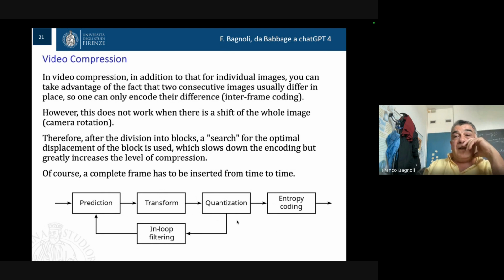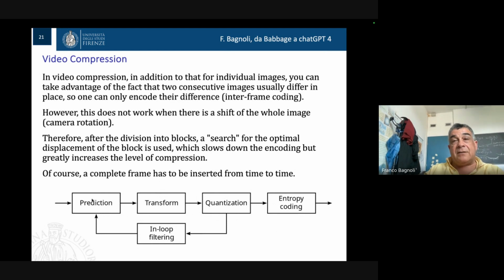And the idea is that prediction is quite slow because you have to try all possible displacements of your image.